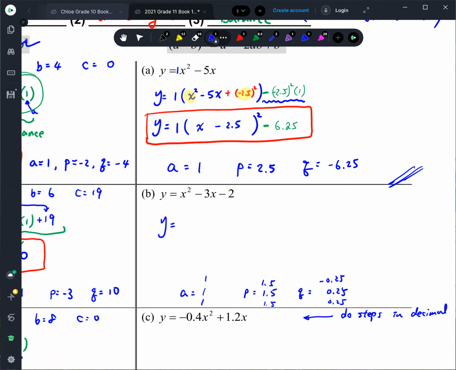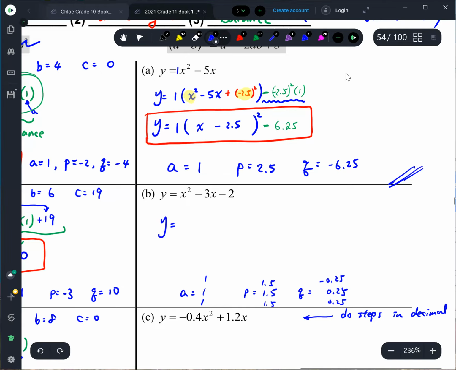Anyone got different? Looks like Q is the one that has different answers. Anyone has something different for Q? Kat, what do you have for Q? Negative 2.25.